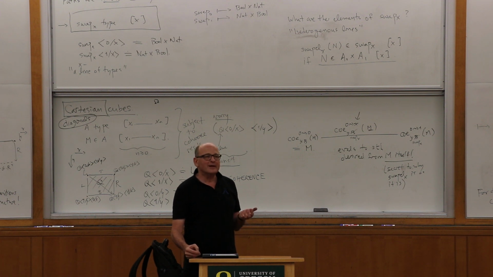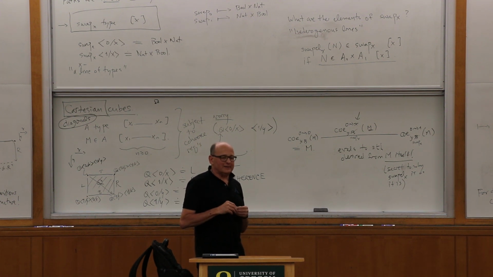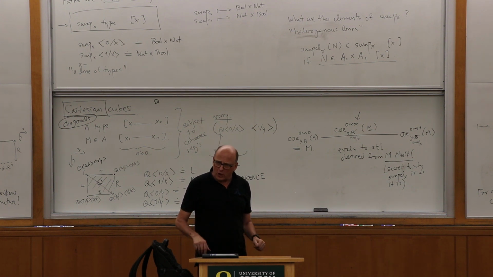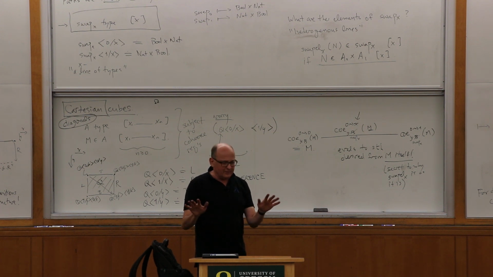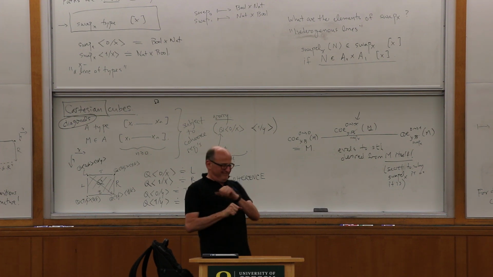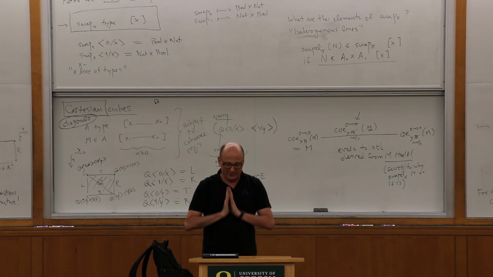Someone was asking me this, and the only thing I can use is a cheap trick, which was, well, in 1980 when I first heard about type theory, and heard about the idea that proofs should be programs, goddammit, and the law of excluded middle is not valid, I was delighted, because that's what I thought. I just didn't know why. I hated proofs by contradiction. I thought they were the biggest cheat in the world, and I just felt like it shouldn't be allowed. It's just not fair. And then Constable told me, you're right. And so I was like, this is the best thing I've ever heard of.